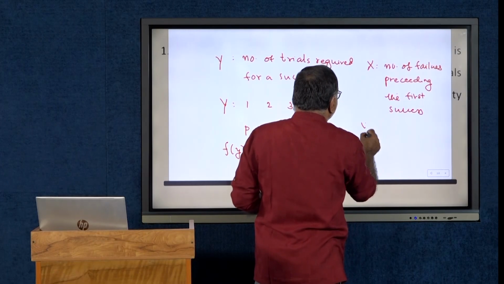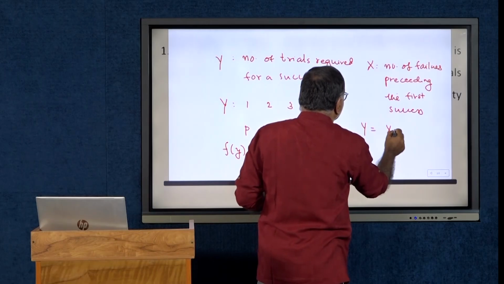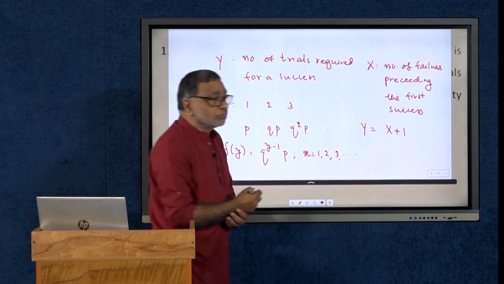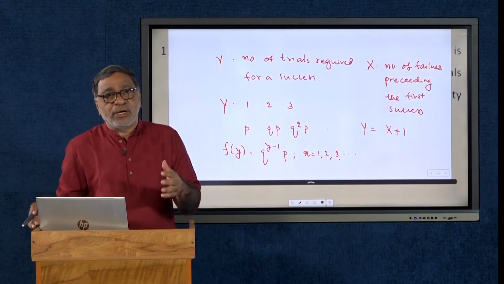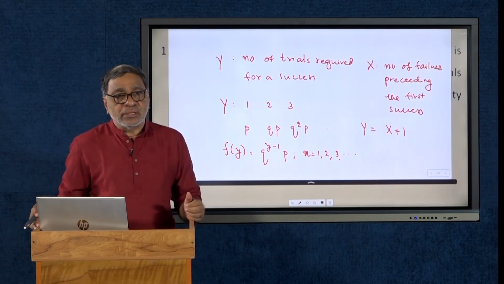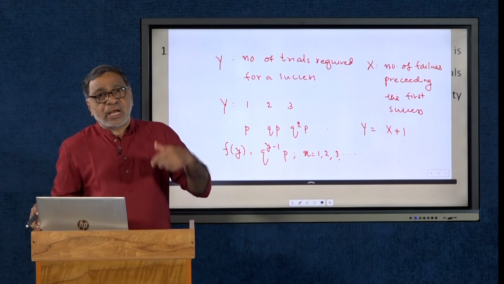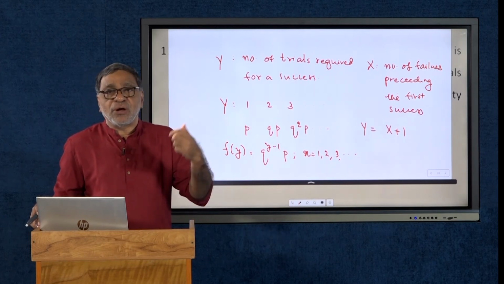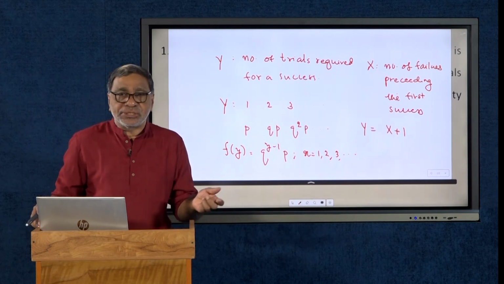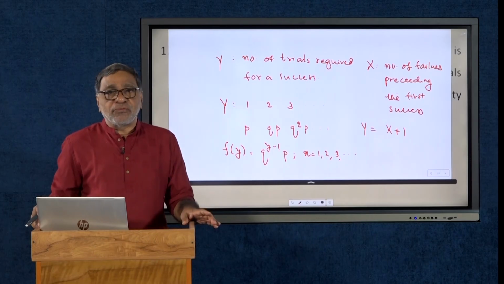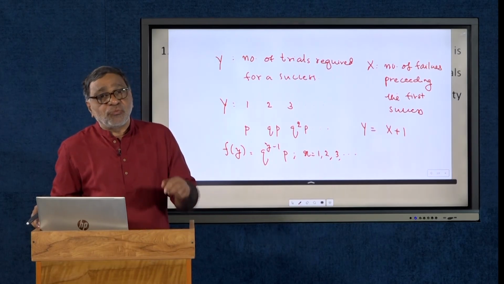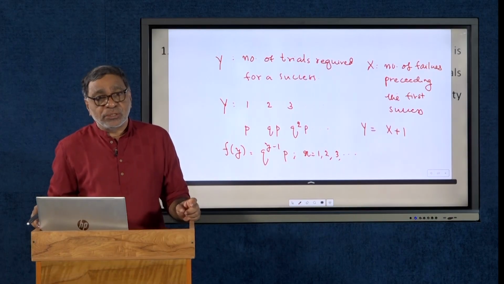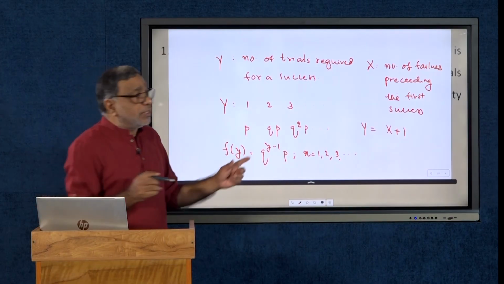Then we know y is nothing but x plus 1. So, if y is the number of trials required for a success, and x is the number of failures preceding the first success as given in the previous session, then y is x plus 1. So, the probability value of y can be obtained.